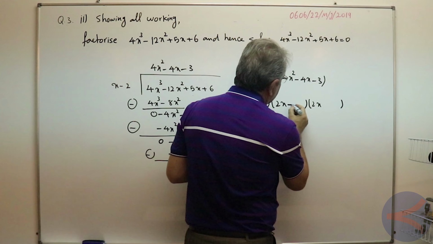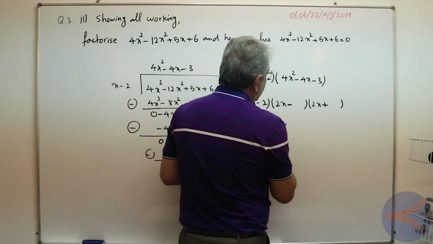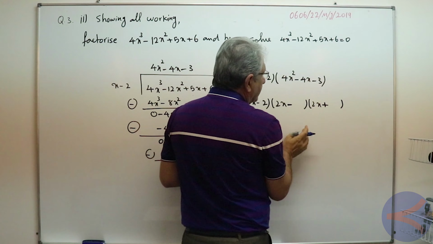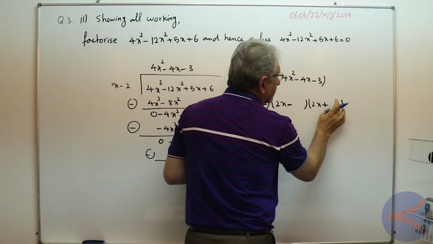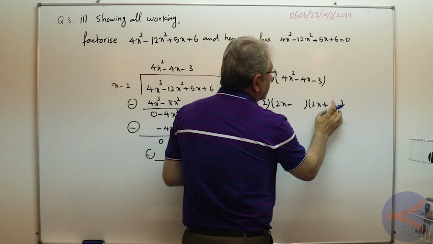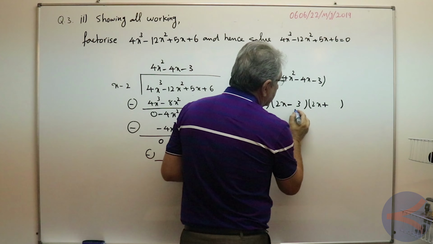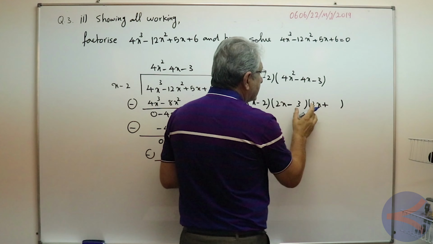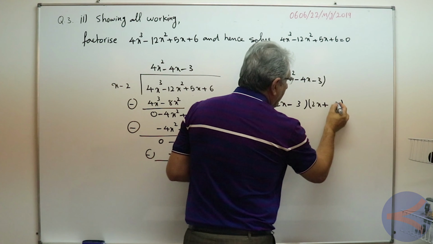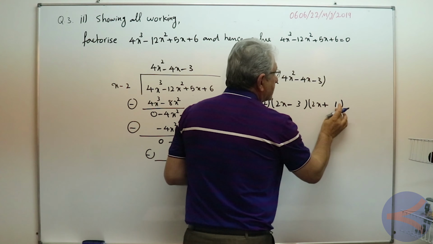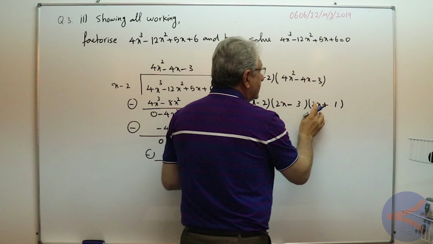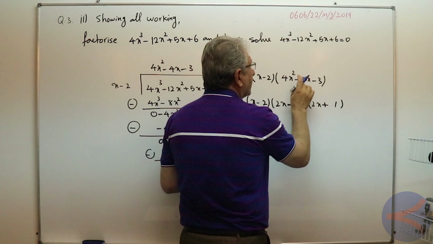Now one of them should be 3. If I put 3 here, I'm getting positive 6. But the answer is negative, therefore I am putting 3 here so this time this will be negative 6. And I'm putting 1 here, I'm going to get positive 2. Therefore minus 6 plus 2, I'm going to get minus 4.